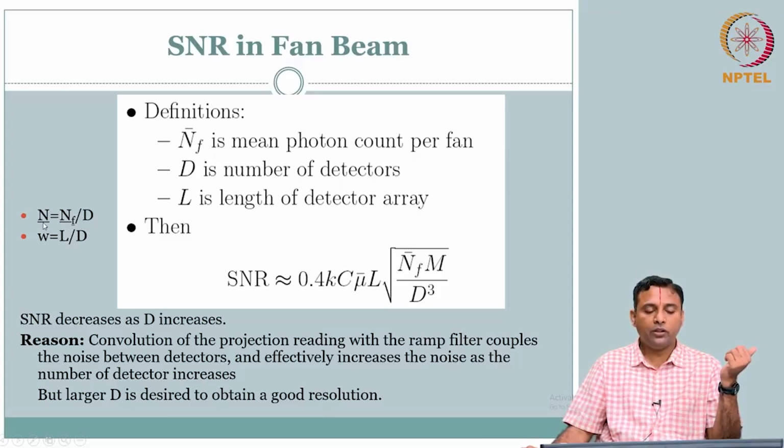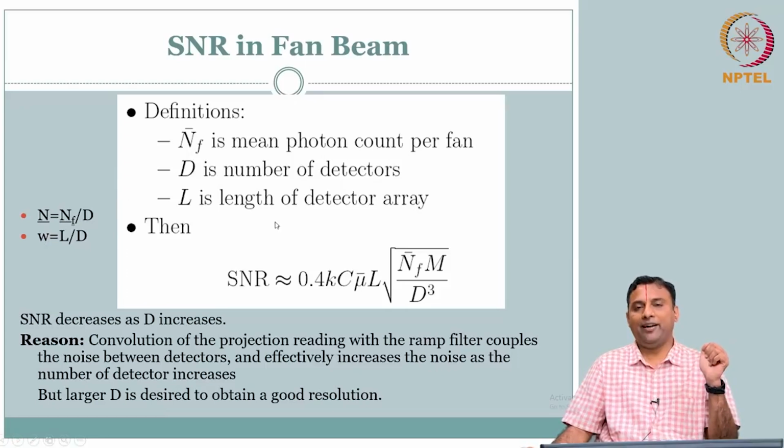Okay, so your n is your mean nf by d, and W is your L by d, the length of the detector array by the number of detectors, which is going to give you your width per detector. Okay, so this is fine. For fan beam you get some similar things like this.